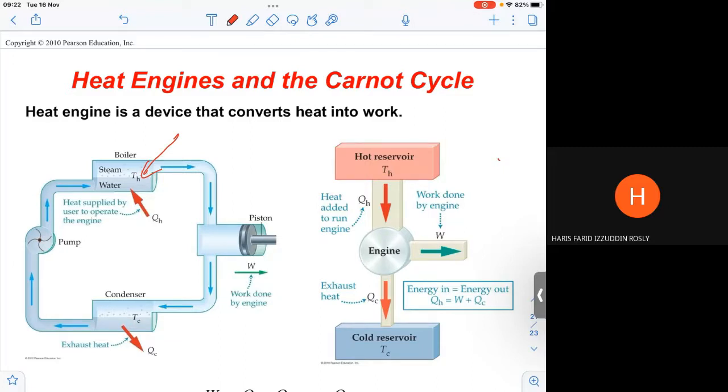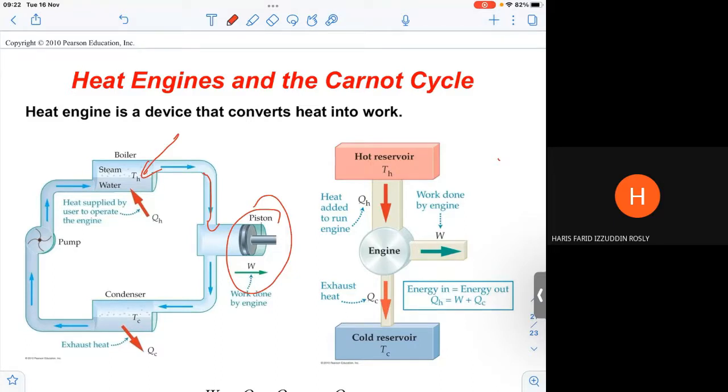After it becomes steam, it will be projected towards some piston. At this part it will do some work, moving the car, cooling the aircon, cooling the refrigerator, for example. So that will be doing some work.